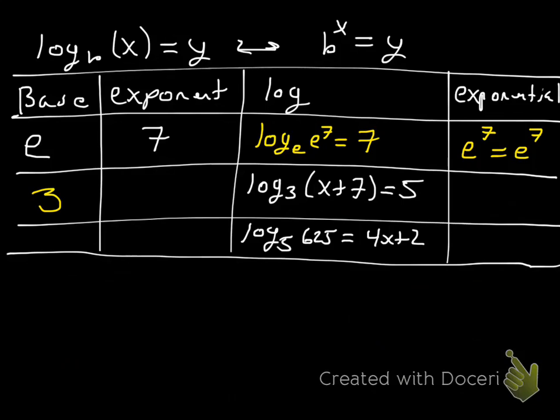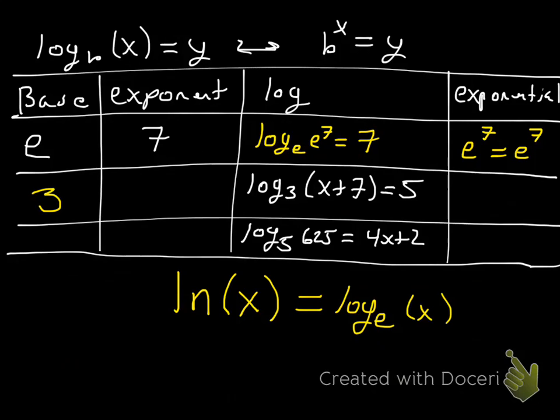Okay. Another thing is on your calculator you'll have a button that says ln. Natural log, e is called the natural number. Sometimes it's called Euler's number. Natural log is so special it gets its own button, ln, and what it means is log base e of x. So if you see ln anywhere, then it's got its own special notation.